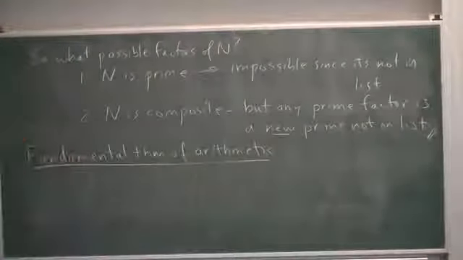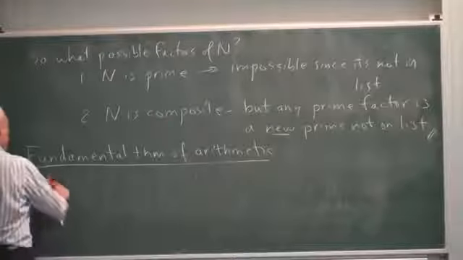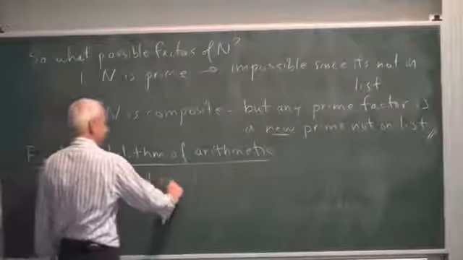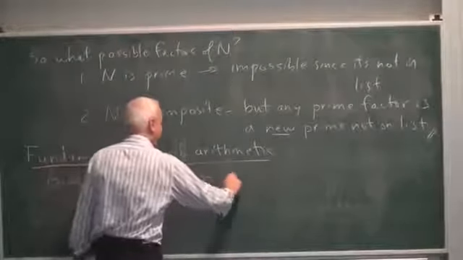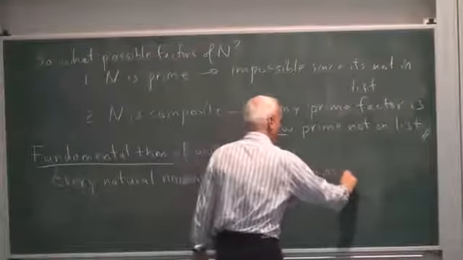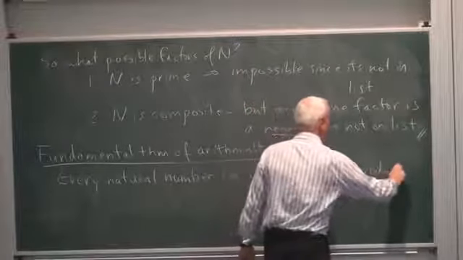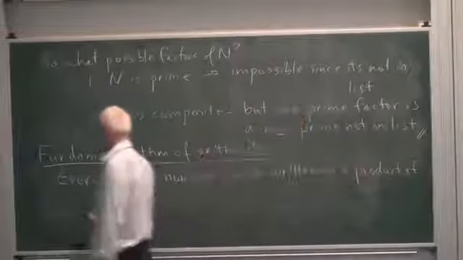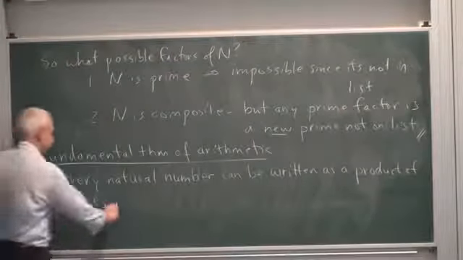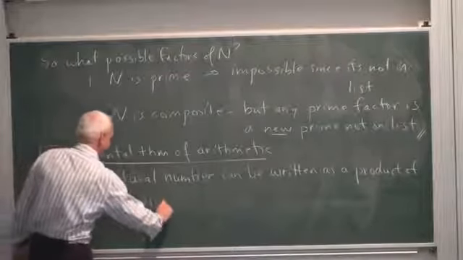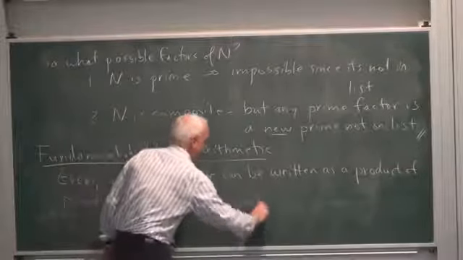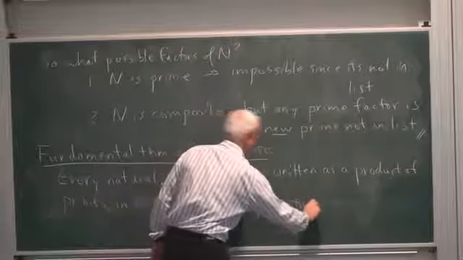Well, this also goes back to Euclid, is that every natural number can be written as a product of primes in essentially one way, so up to rearrangement, or up to order.